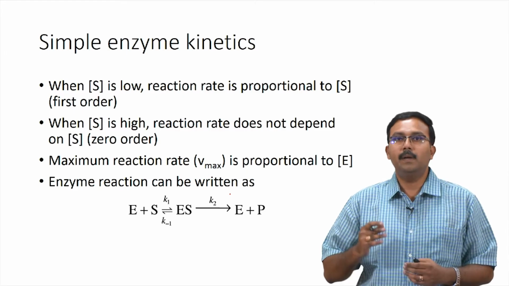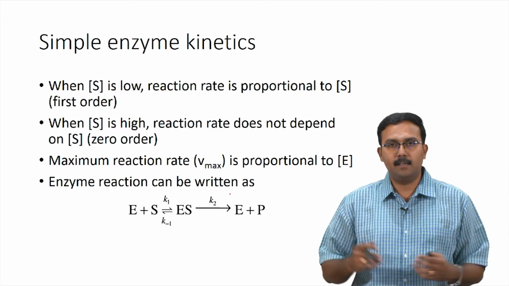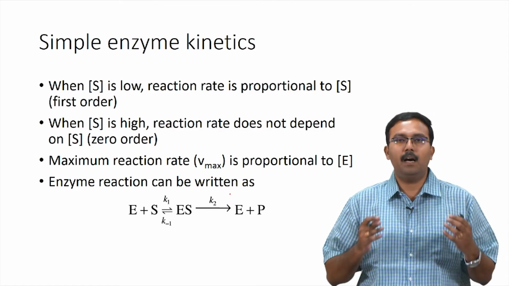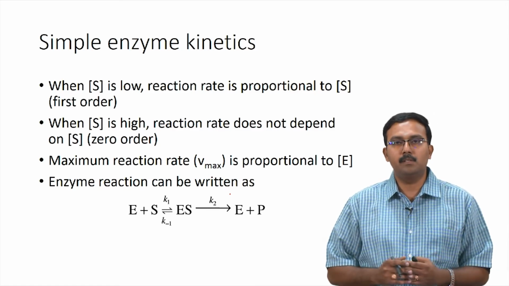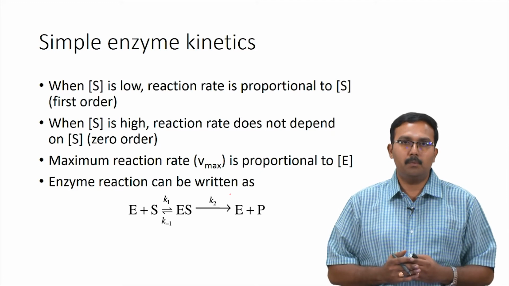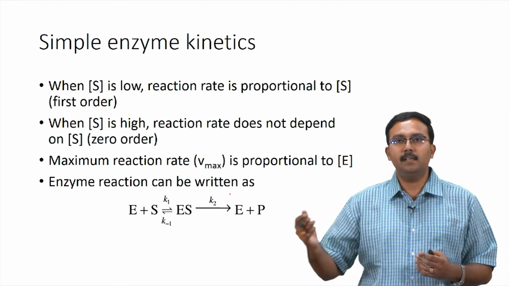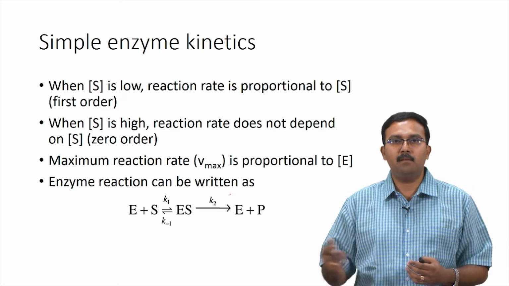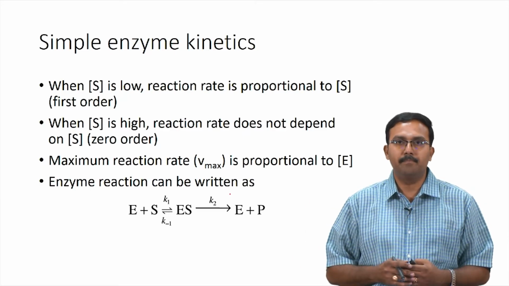However, when the substrate concentration exceeds a certain number, all the active sites present in the enzyme are occupied with substrate molecules. This means adding more substrate will not hasten the rate of the reaction. So, that is when the rate of the reaction reaches a maximum value, which is Vmax or Vm.